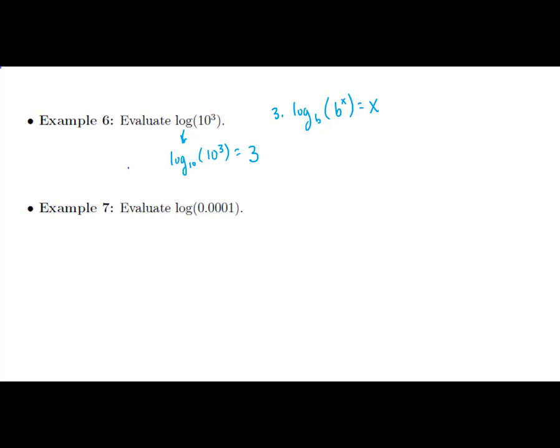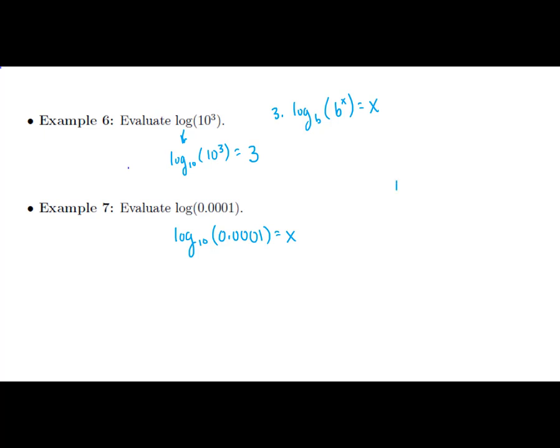All right, so let's take a look at example 7. In example 7, again, we know that if there's no base here, it really just means the log base 10 of 0.0001. This one might be a little bit less obvious, so it might not be a bad idea to just set it equal to x and then rewrite it in exponential form.